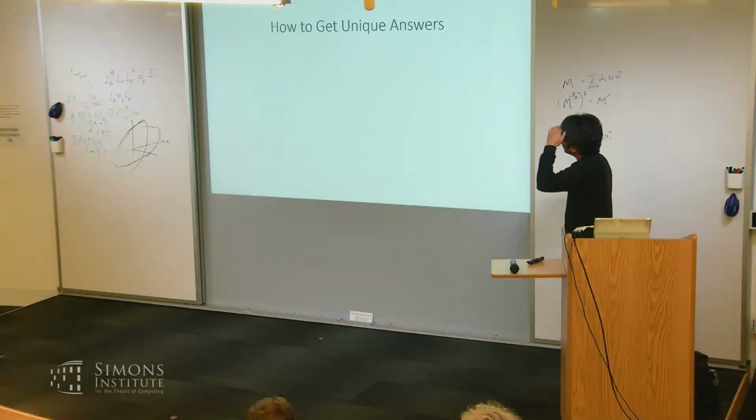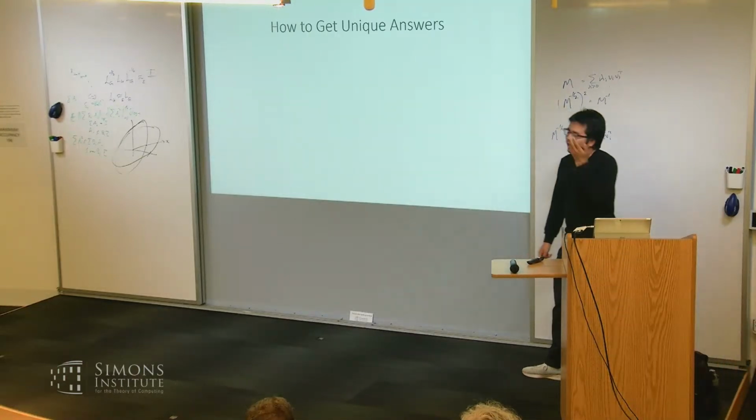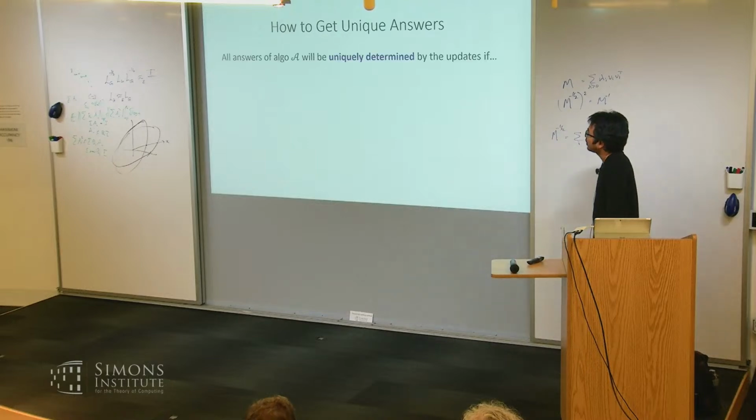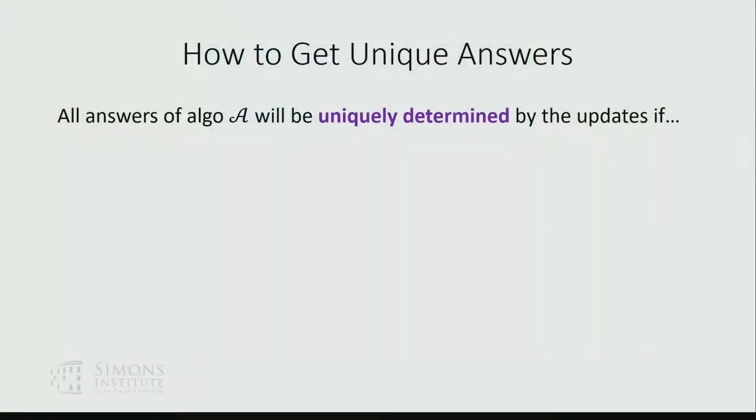Okay, now how do people get unique answers? There are several ways to say that the algorithm is uniquely determined by the updates. Well, the classical way, which many people use, is just to make the algorithm deterministic. That's the classical way to make an algorithm robust.